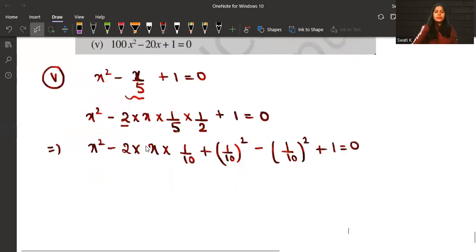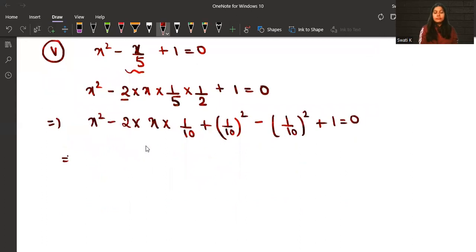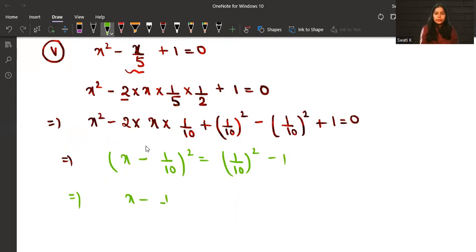Now we can write this in the formula of a minus b whole square: x minus 1 upon 10 whole square equals plus 1 upon 10 whole square, and plus 1 will become minus 1. So x minus 1 upon 10 whole square equals 1 upon 100 minus 1.